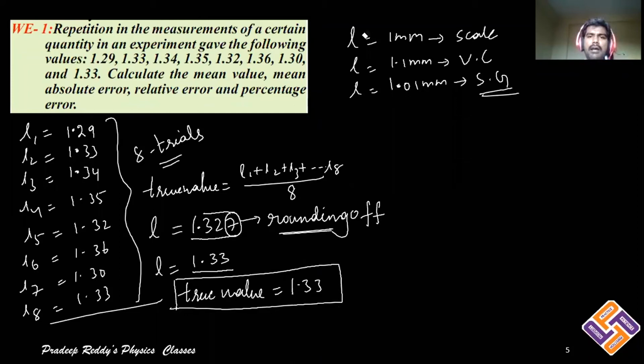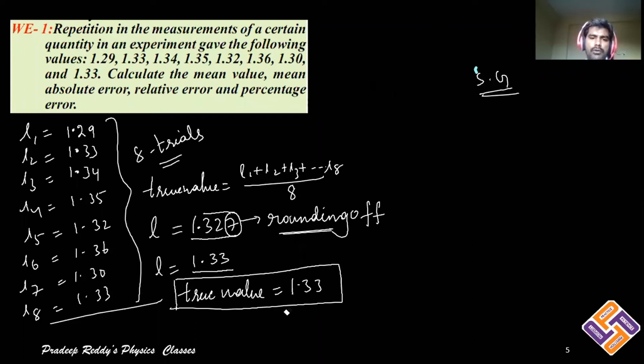Next, after the true value, you are supposed to calculate the mean absolute error. How to find the mean absolute error? Delta L1 is 1.33 minus 1.29. Delta L2 is equal to 1.33 minus 1.33.